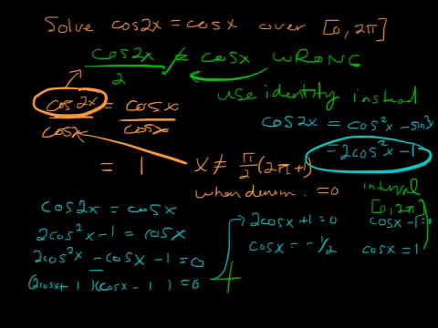So that's going to be at 2 pi over 3, and also at 4 pi over 3. And then the only time that cosine is going to be equal to 1 is at pi, or 0.